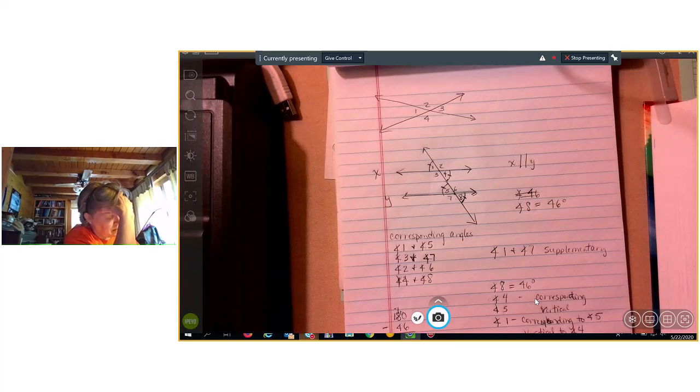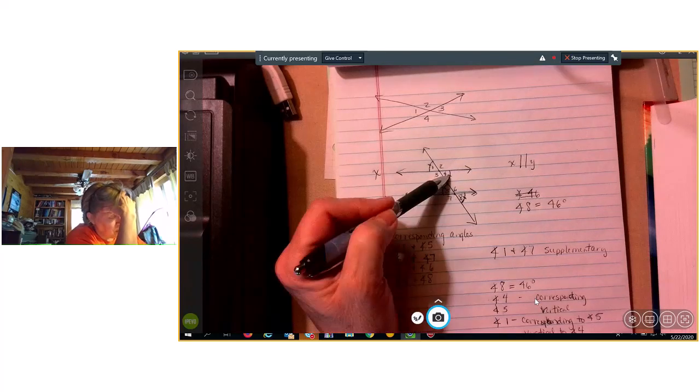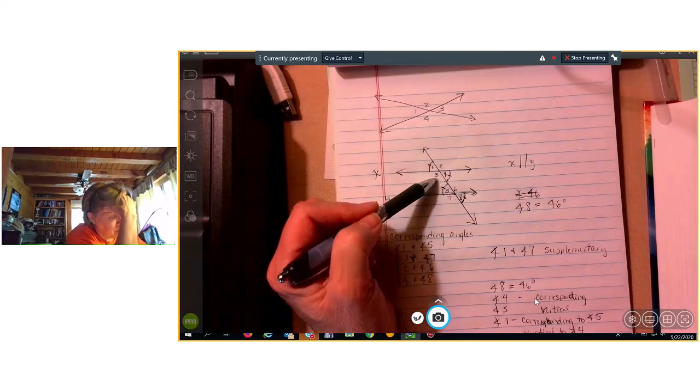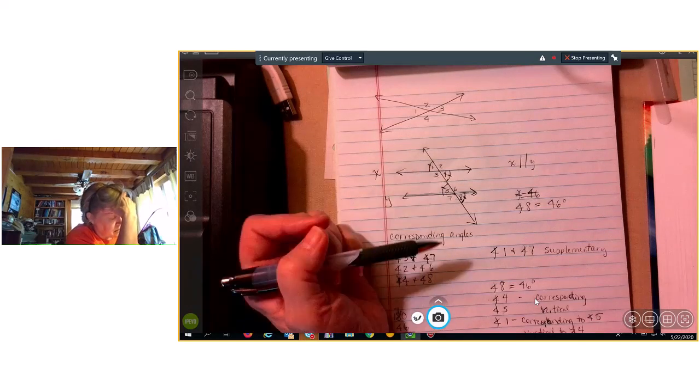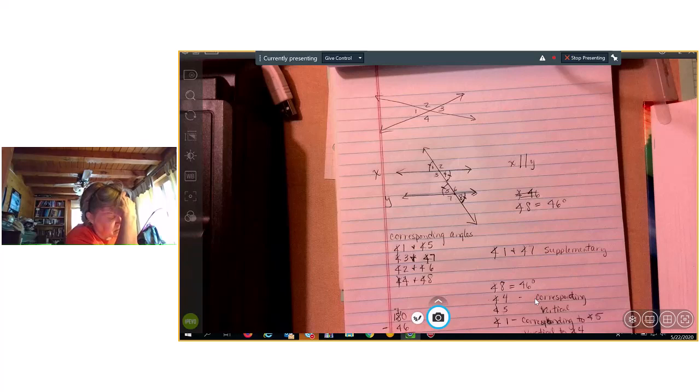Because it's supplementary to angle 1. Well, angle 2 is going to be supplementary to 4, or it's vertical to angle 3. So we can say that angle 2 is 134, because it's vertical to angle 3.